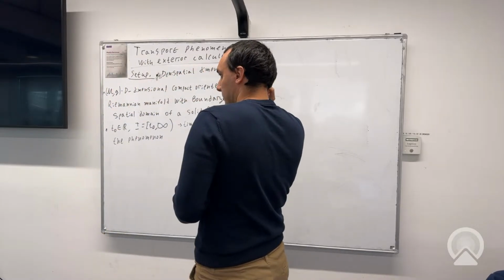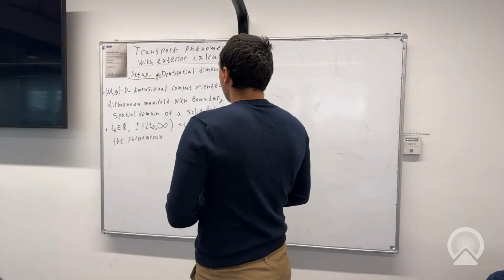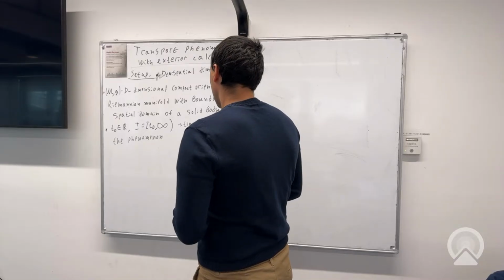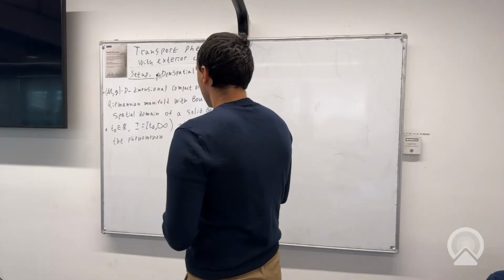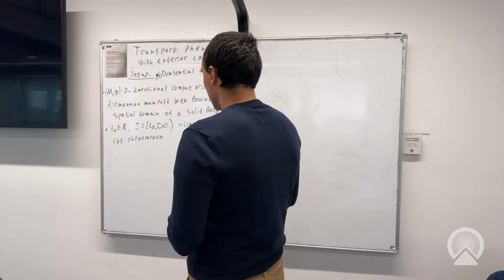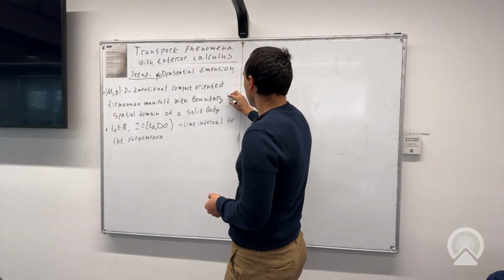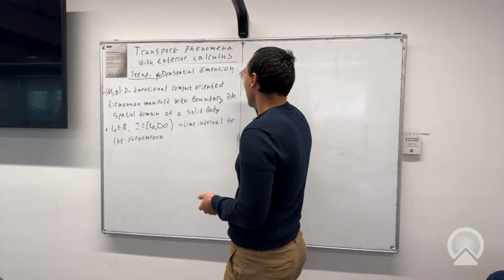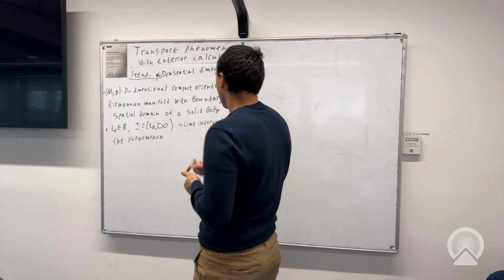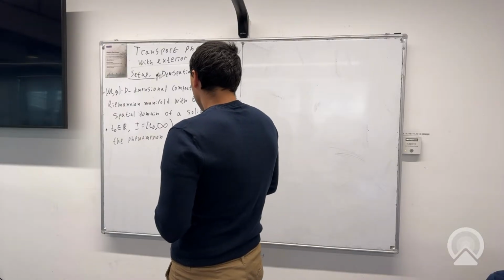Okay. And that's the initial setup. So with boundary, let's call it, sorry, partial M. Yeah, it's obviously partial M always.